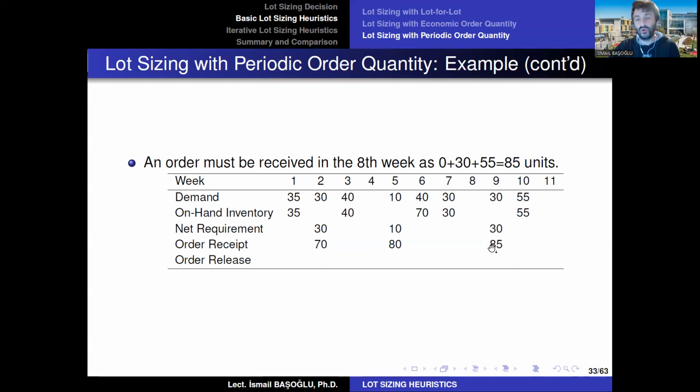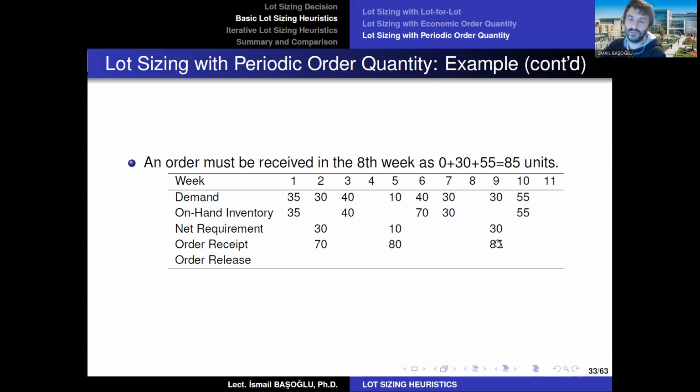Now, again, we need to consider the total net requirement in the following 3 weeks, as our periodic order quantity interval is equal to 3 weeks. So the net requirement here is 30 units, plus we have 55 units of demand in the next week. And since this is the end of our planning horizon, we cannot make any further calculation. So the total net requirement in the following periodic order quantity interval is 85.